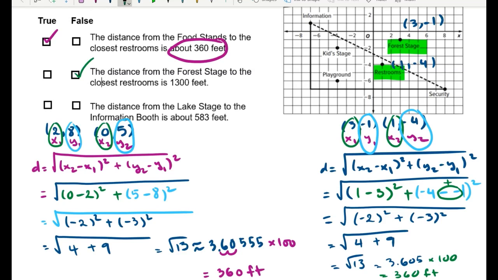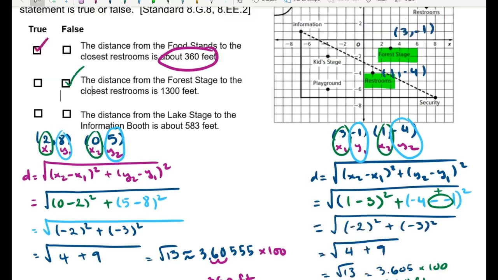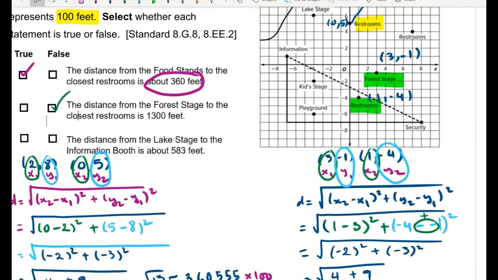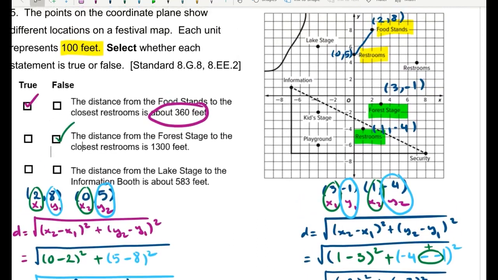Alright, last problem for this one. The distance from the lake stage to the information booth is about 583 feet. We're going to look at the map again. The lake stage, I see it.